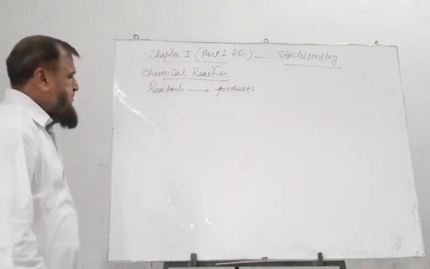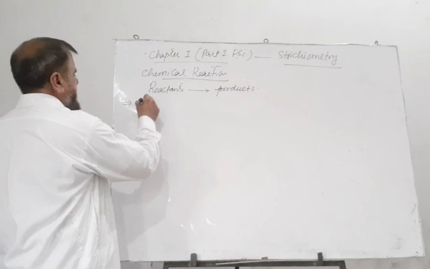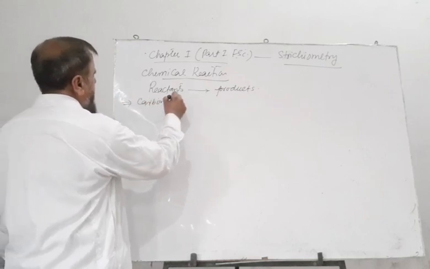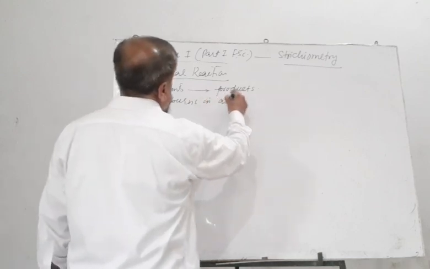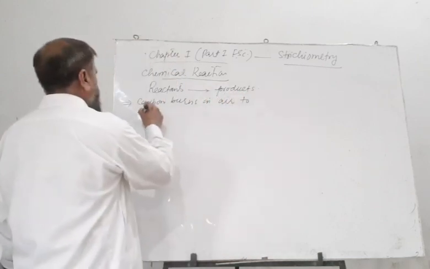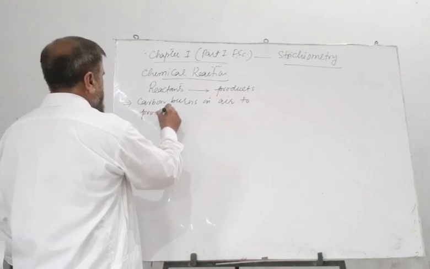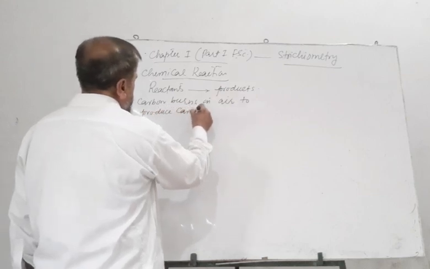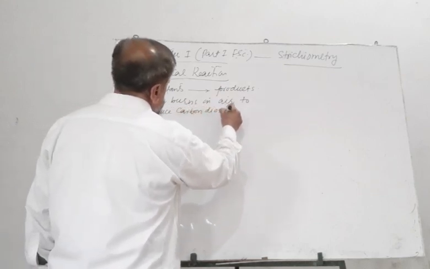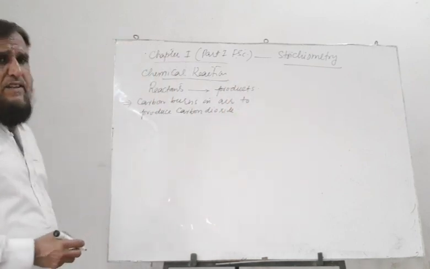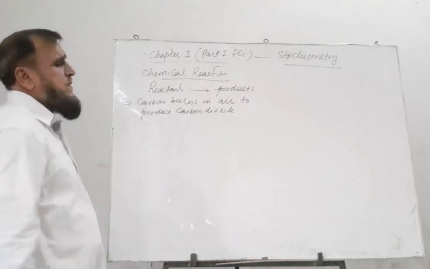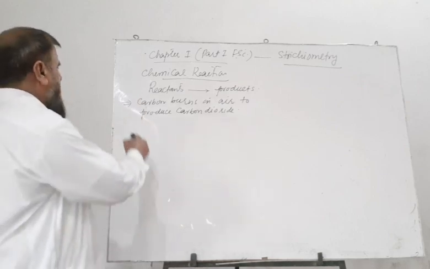For example, carbon burns in air to produce carbon dioxide. Now it is a chemical reaction that carbon burns in air to produce carbon dioxide.